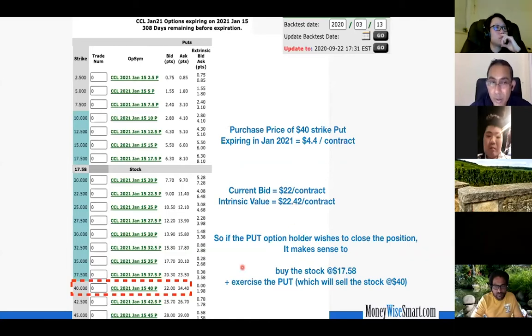So what will I do? As I have mentioned earlier, I will just maybe buy the stock in one click, and no, I will not have to put up too much money to do that because I already hold this insurance position, and immediately I can just exercise my put option. So buy at 17.58 plus exercise the put option, which will sell the stock at 40.